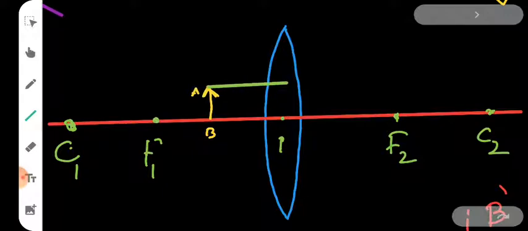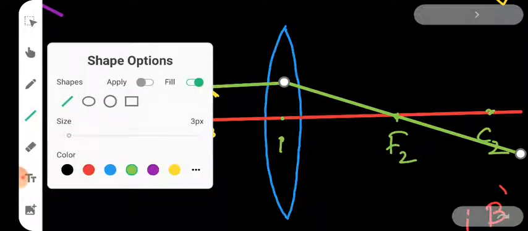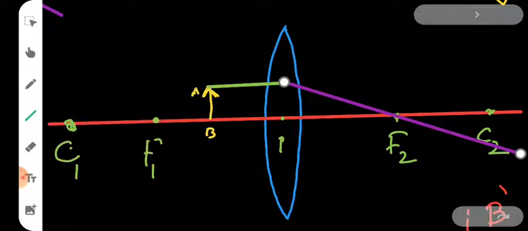You have a parallel ray. Where would it go through? It would go through the focus. Let me use a purple color instead of green so that the ray is distinct. Okay, that ray went happily ever after.